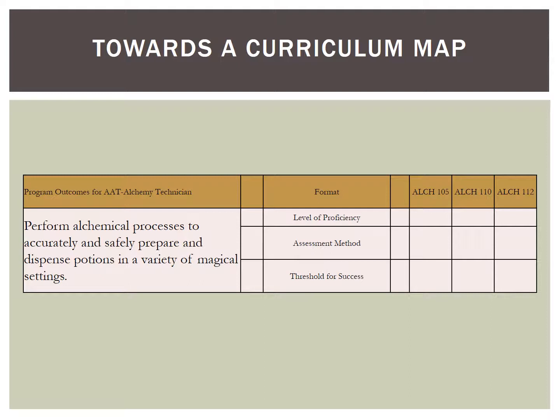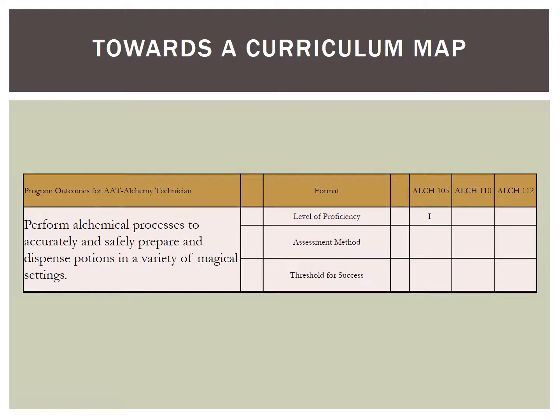If, for example, you know that a class gives students just a first taste of the outcome in question, we would say that a student finishes the class successfully by meeting the outcome at an introductory level. Let's designate this with an I. So Alchemy 105, we're saying that students are really just getting the first taste of this outcome, and so we're expecting them to meet that outcome at an introductory level.